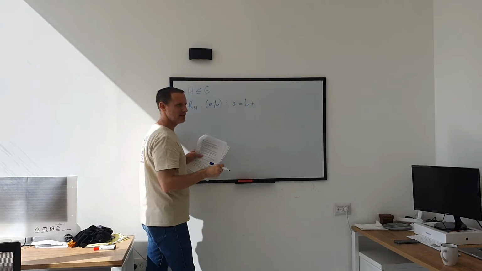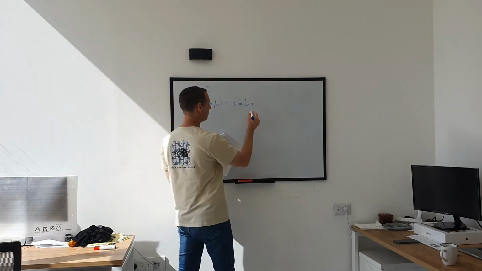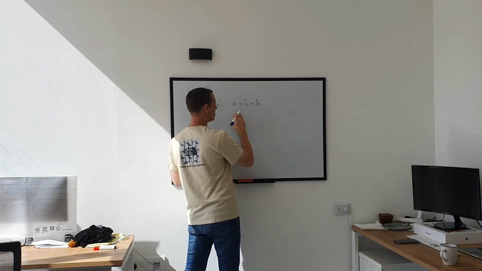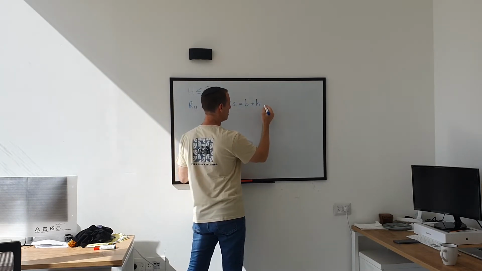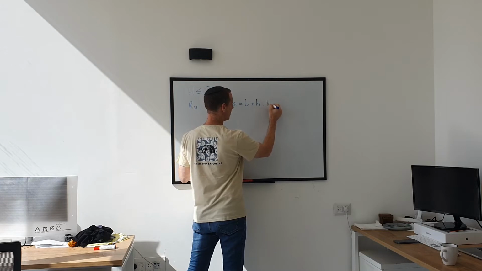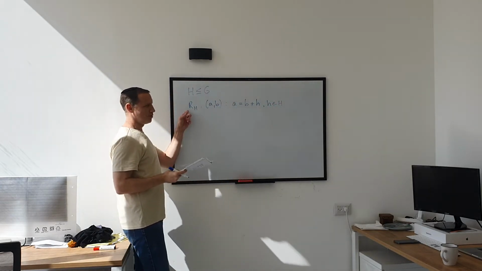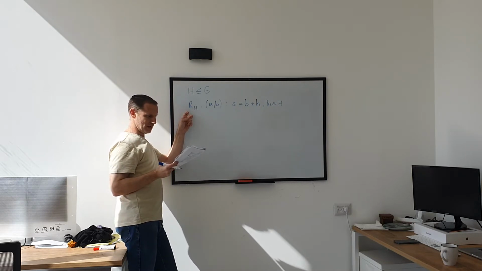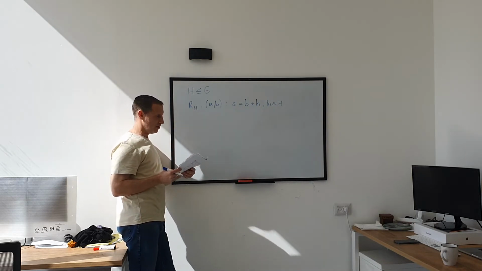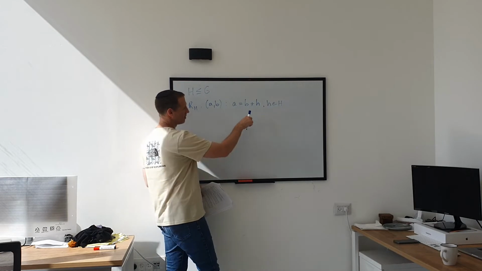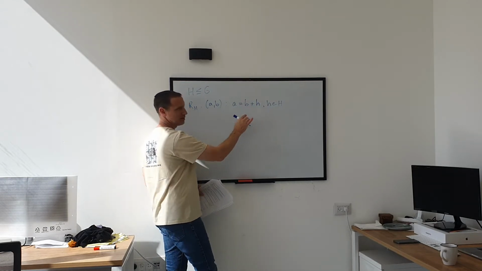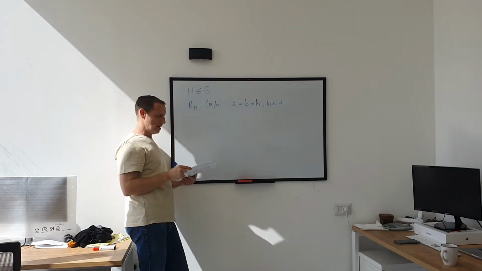Plus is just easier to understand. So A equals B plus h with h in H. If we define this relation, this is typically called the right congruence. Oh, sorry, the left congruence, because we're on the left of H, okay?